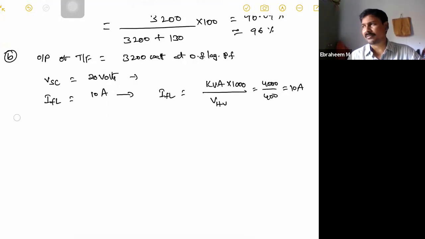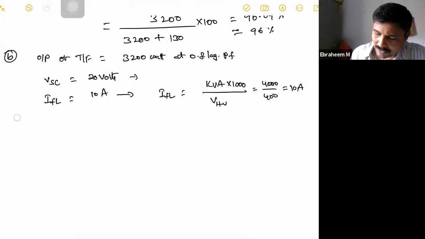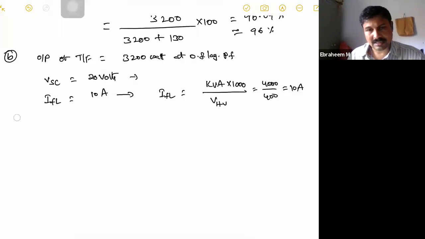At other conditions where he is not going to operate, he is generally not interested in the efficiency. So at these operating conditions, what is the secondary voltage? That is the question here. Let us find that out.